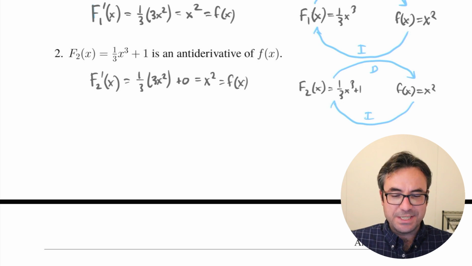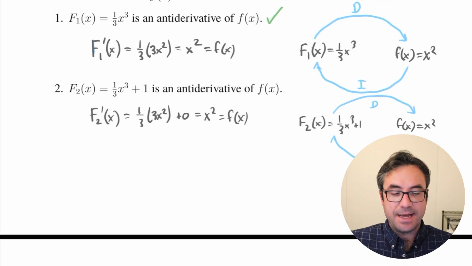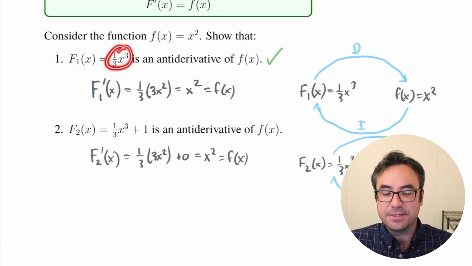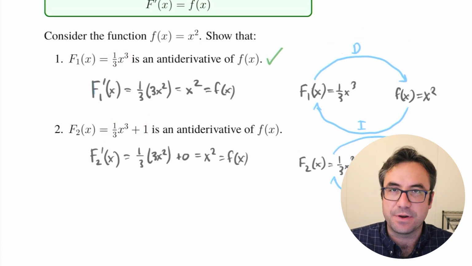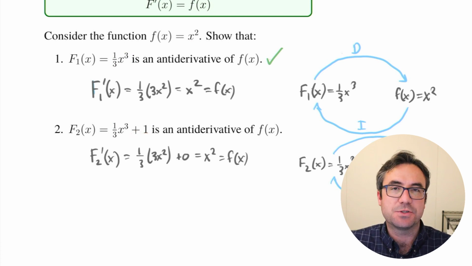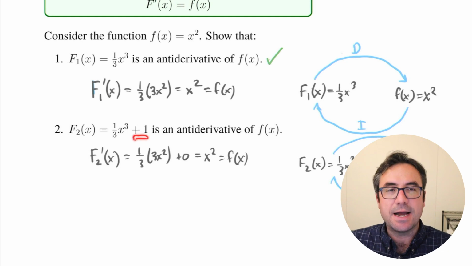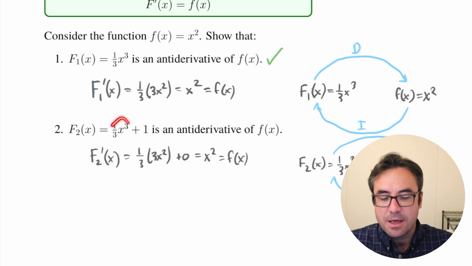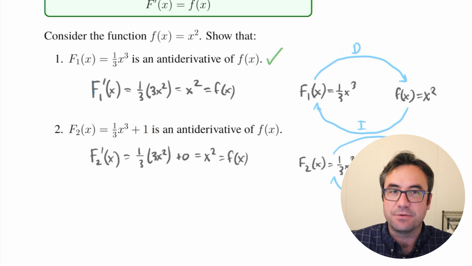All right, so what we're seeing here is that the function x squared has at least 2 antiderivatives. It turns out there's not too much special about this plus 1. If this was any constant, plus 5 or plus 10 or plus 100 or plus 1 million, that would still give us an antiderivative.